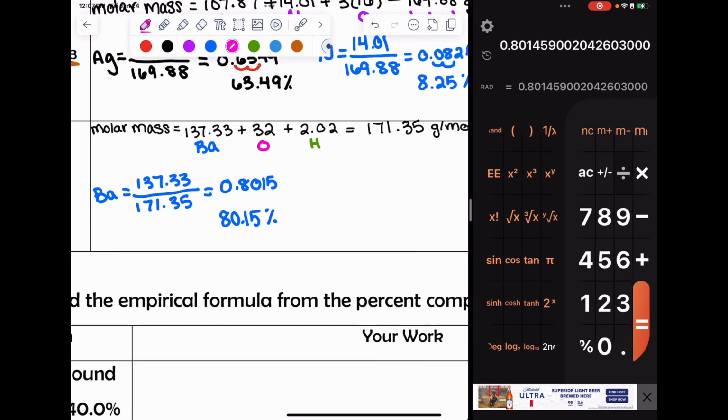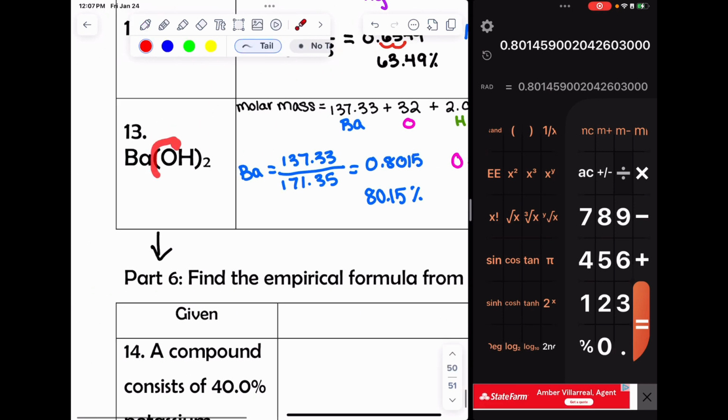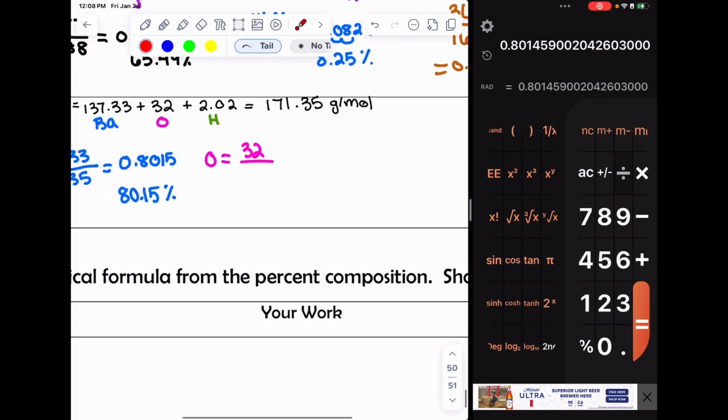Let's go ahead and do oxygen next. Oxygen has a mass of 32. Don't forget, yes, there are 2 oxygens here, right? But oxygen's mass is 16. Multiply that by 2, you get 32.